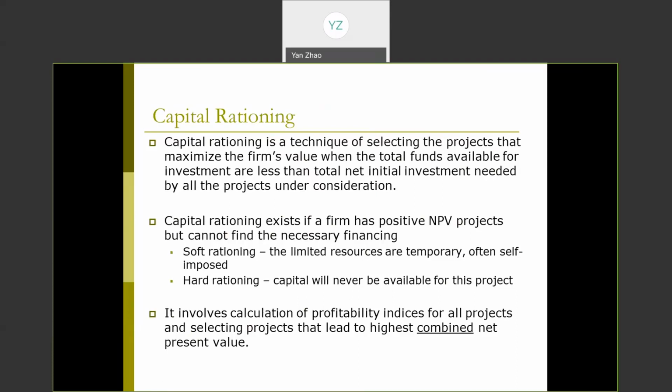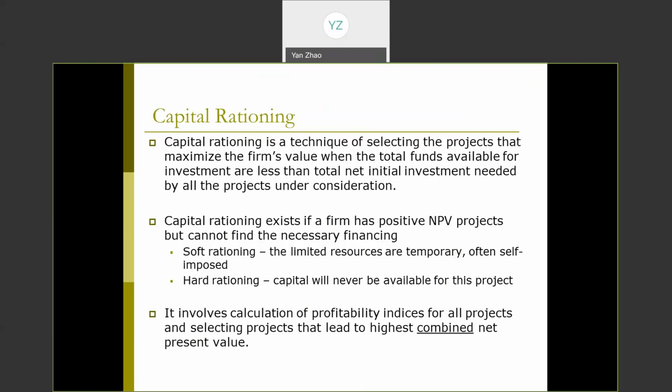Okay? Soft rationing is when limited resources are temporary and often self-imposed. What does that mean? Well, imagine a company has 10 different departments. If the company totally has $100, it may impose a self-imposed budget for each department, say $10.